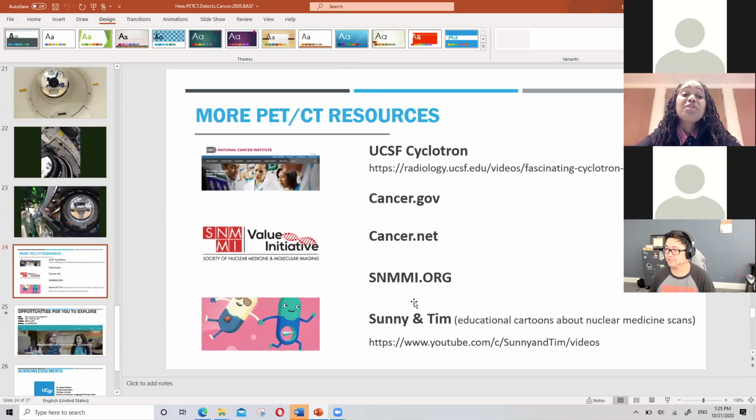I'm offering some really simple PET-CT resources for you. If you want to see our cyclotron at work, I suggest you type in your search engine UCSF cyclotron. These are all the radioisotopes structured down there. Cancer.gov and cancer.net are both websites that offer the full range of how a patient is going to experience their PET-CT.